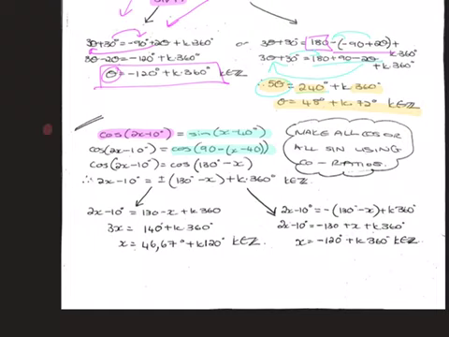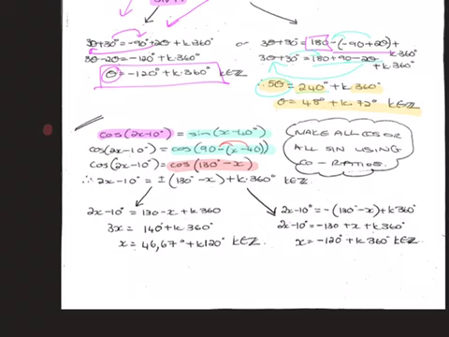So in the next step, all I've done is just sorted out that bracket. So 90, and then we're going to distribute in that. So it's going to be 90 plus 40, which is 130, minus x. And then once I'm happy and I've got cos bracket equals cos bracket, I can drop my cos and immediately apply the general solution.